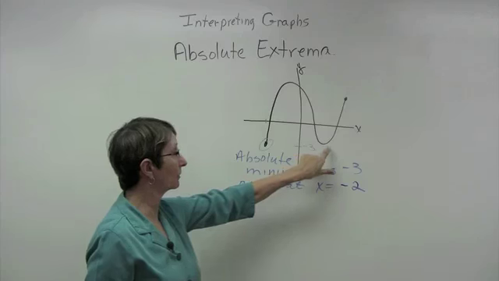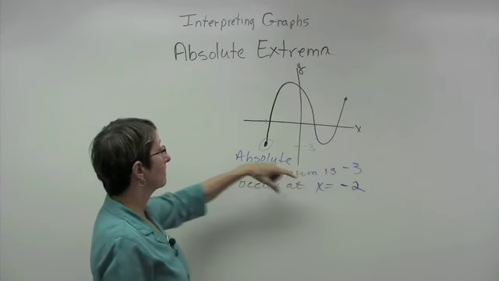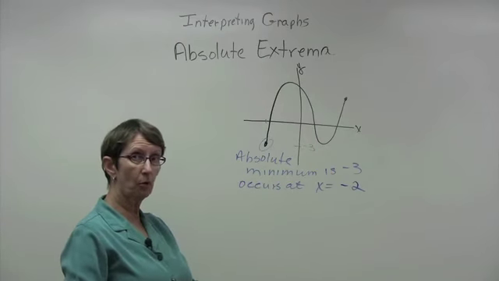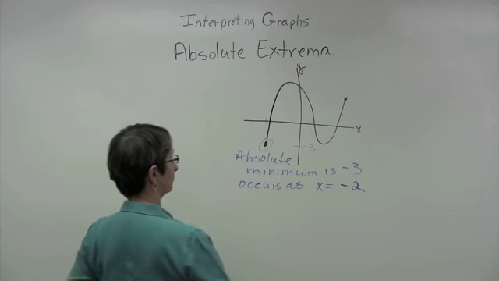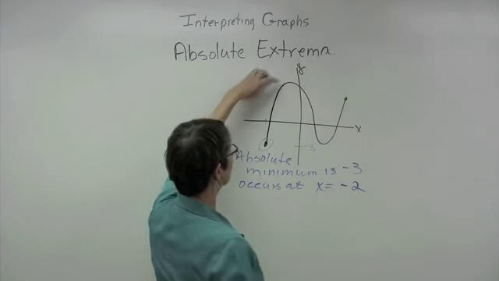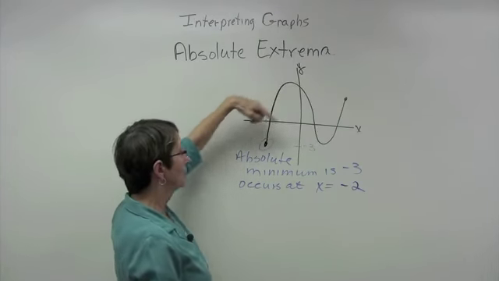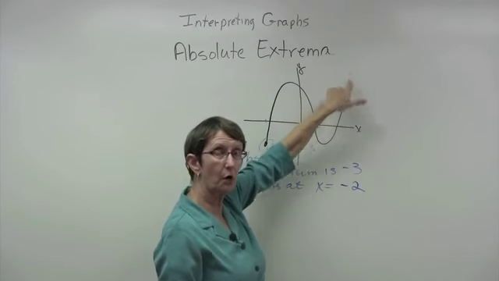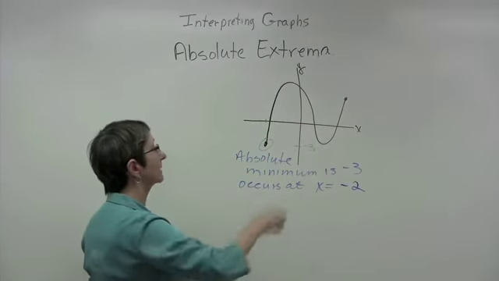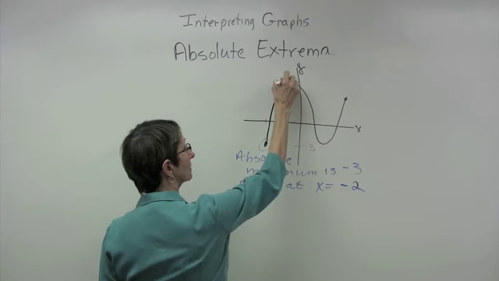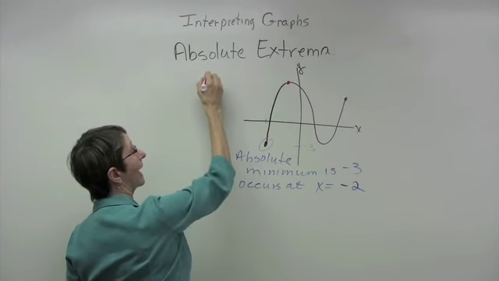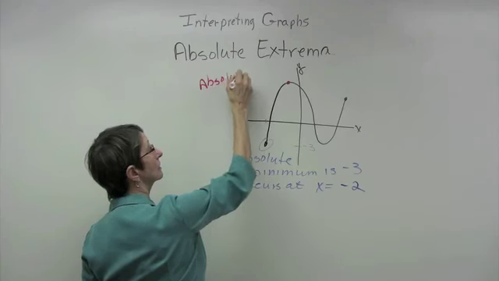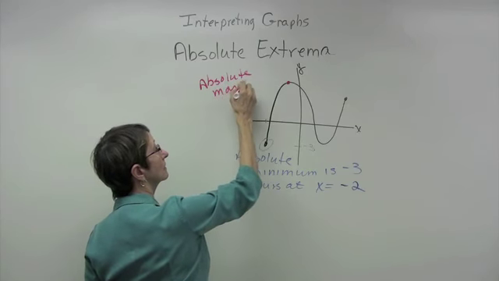This point is lower than that point. My absolute maximum point, well, it looks like this point is the highest. Note that there are dots on each end, so it stops. This does not continue to go higher. So it looks like this point up here is my absolute maximum.